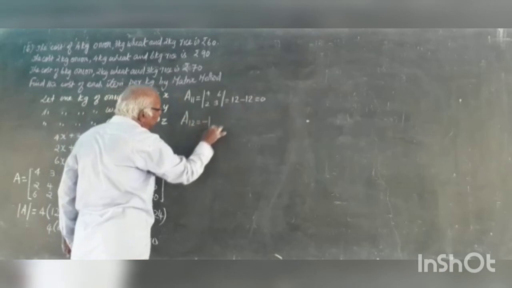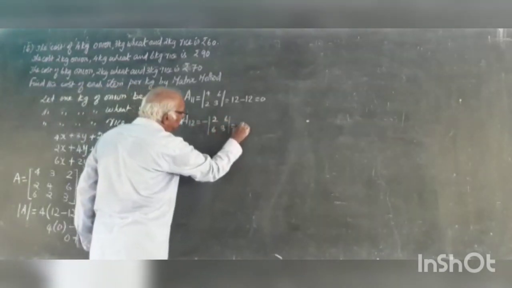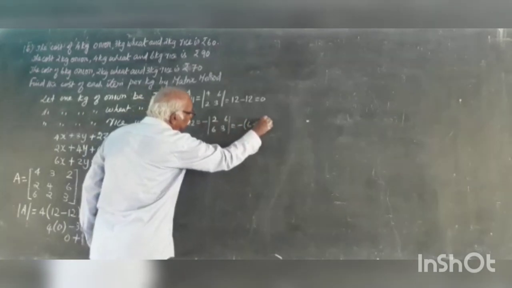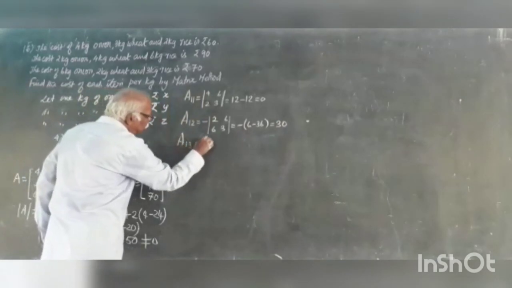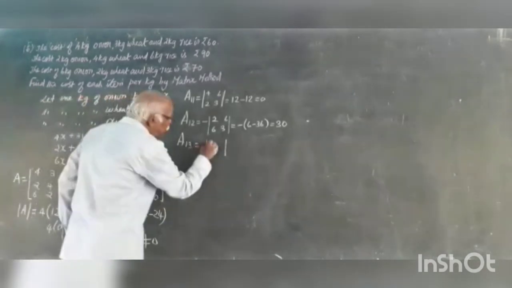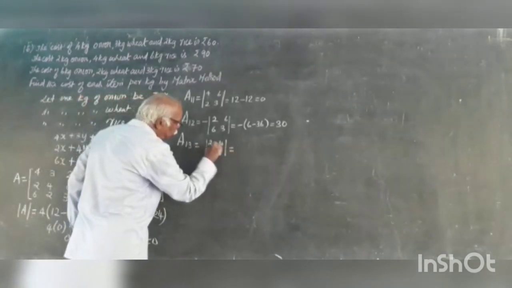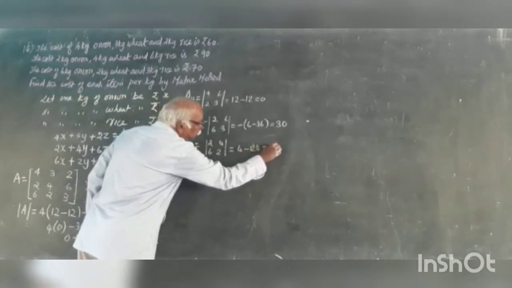A12 is negative of the minor 2, 6, 6, 3, which is minus of (6 minus 36), minus 30, so plus 30. Third one, A13: the minor 2, 4, 6, 2 is 4 minus 24, equal to minus 20.